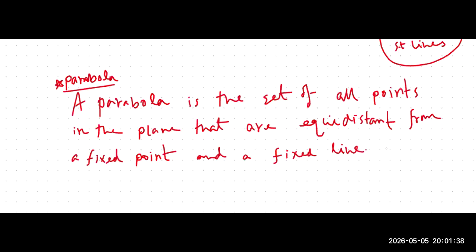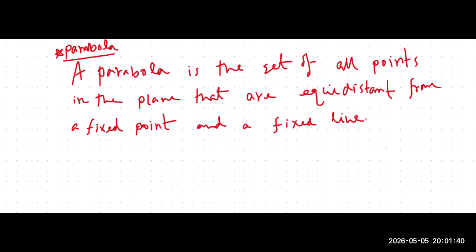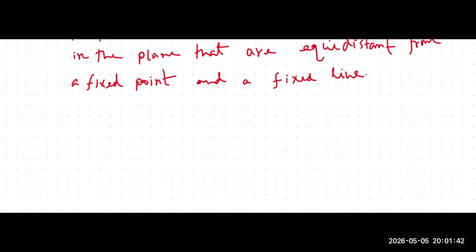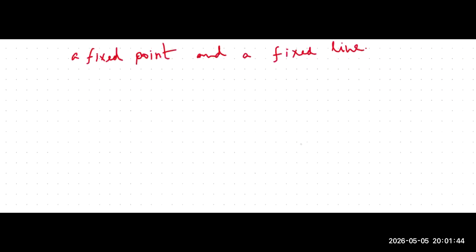So basically the summary of this definition is, if you have a point in 2-dimensional plane and a line, in that case this point is called focus. So basically you have a focus, and this fixed line is called the directrix.